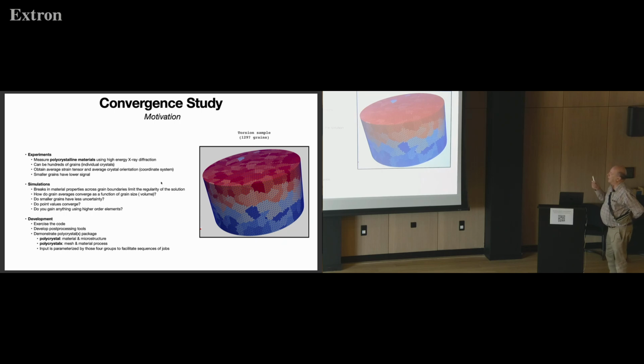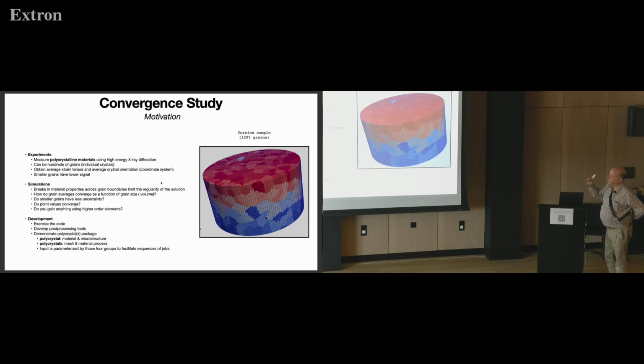The polycrystal package knows nothing about finite elements, but everything is vectorized so it can be used efficiently. Polycrystalline is really the interface with FEniCS, and it's in charge of handling the mesh, and by material process, I mean things like the boundary conditions and input functions that go into the problem.